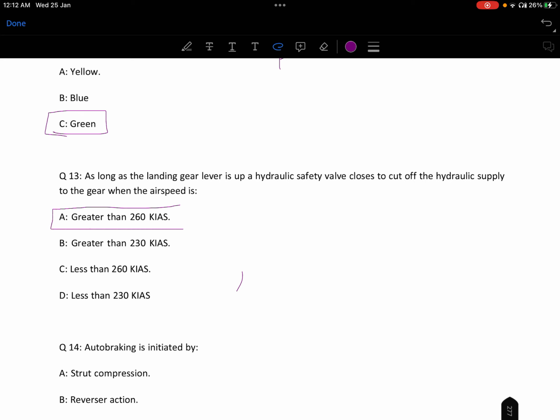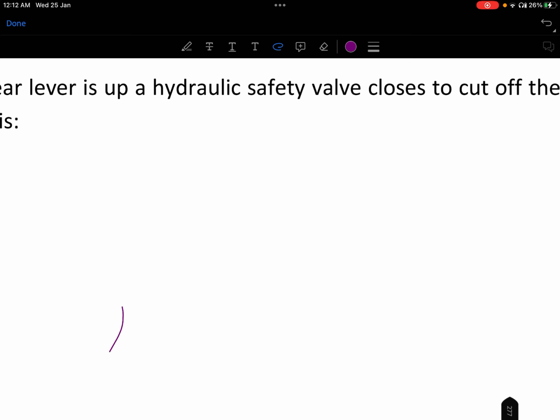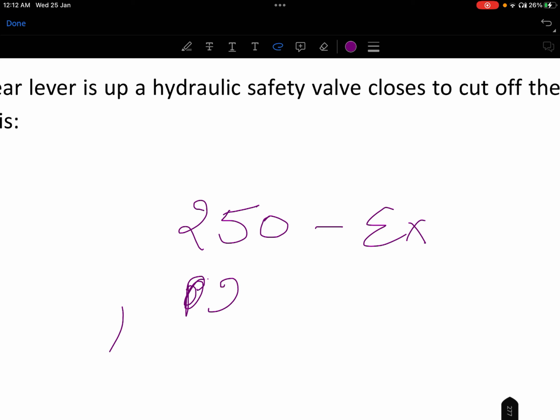We are not talking about the operational point of view, at what speed you should extend or retract. This is something else. The limitations of landing gear are that we should not extend above 250 knots, and we should not retract above 220 knots, I think.